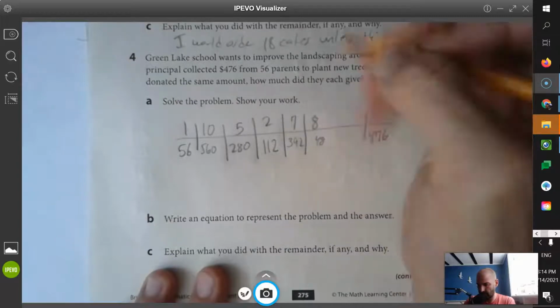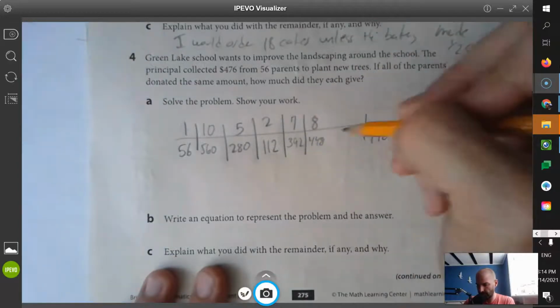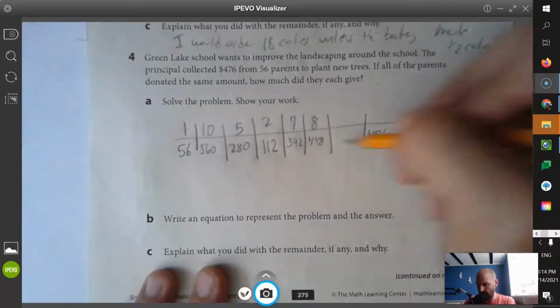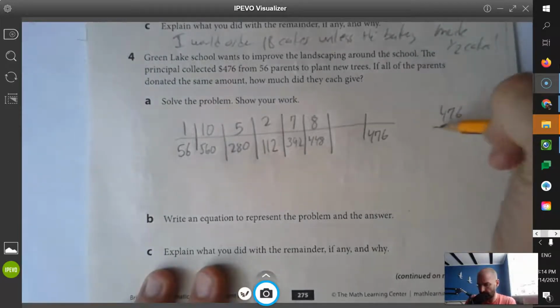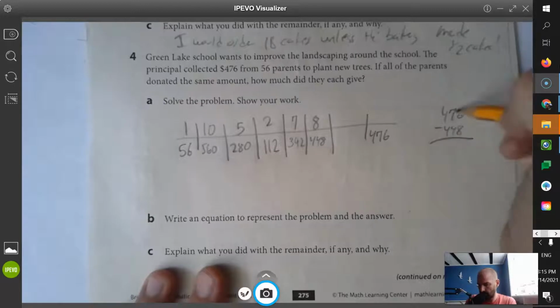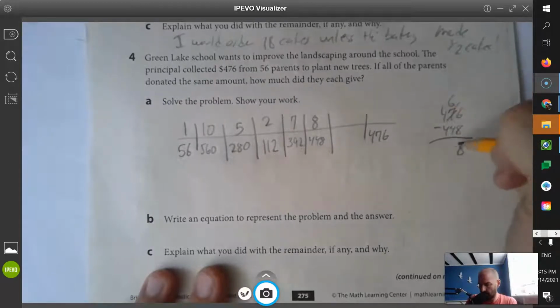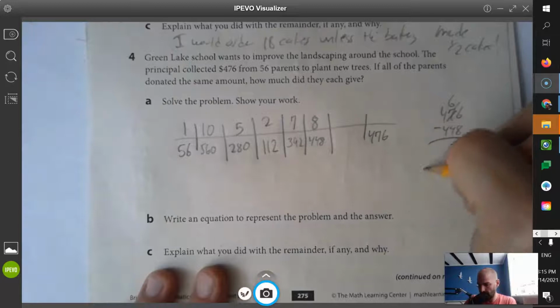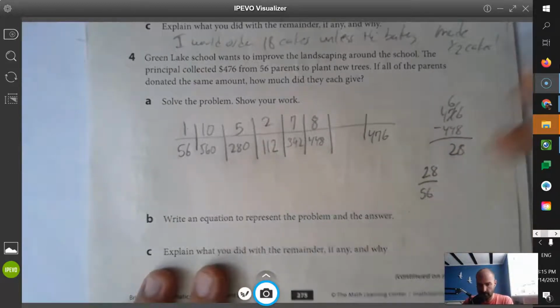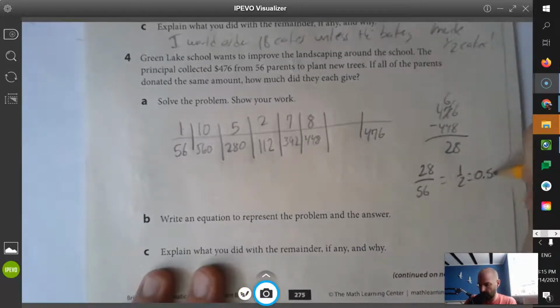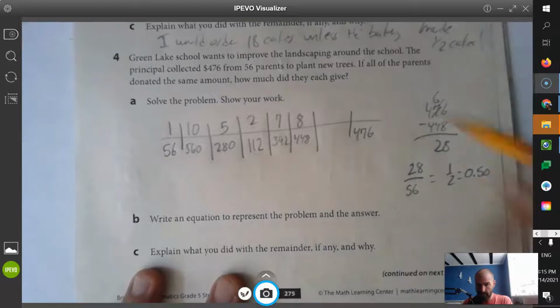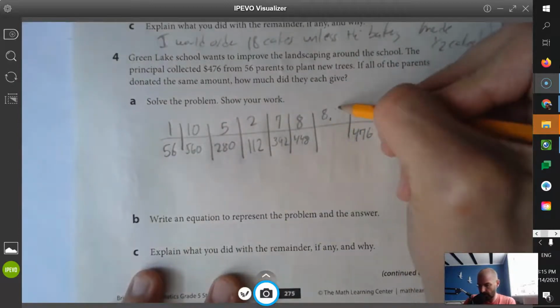And then we have how many dollars left over? Let me subtract over here. 28. So that would be 28 out of 56 parents. How much do you see there? That is equal to 1/2, which is equal to 50 cents. So that means if they gave $8.50, they would get to 476.